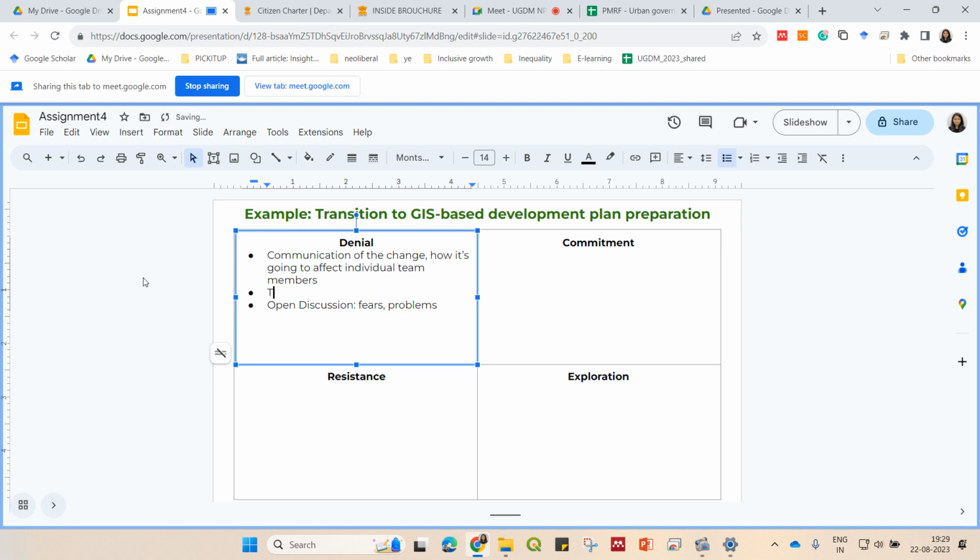So we can write that you can tell them negative implications if the change doesn't happen. And can anyone guess or tell me what might be the negative implications if your team does not incorporate the GIS based plan preparation method?